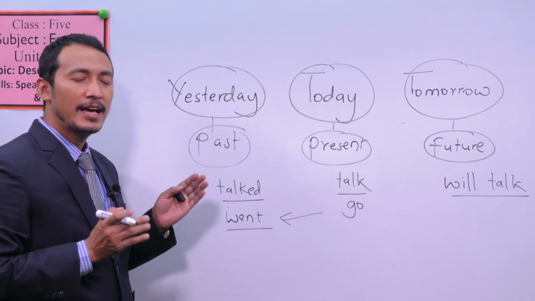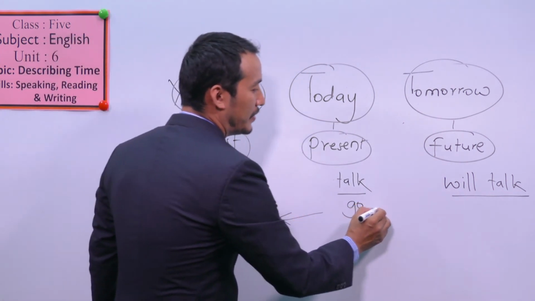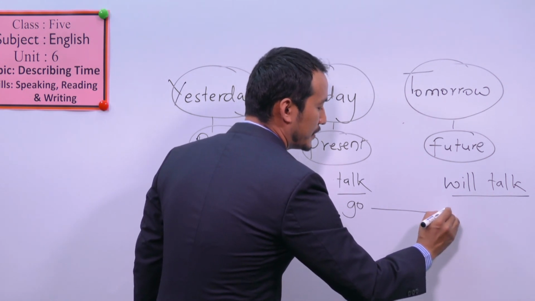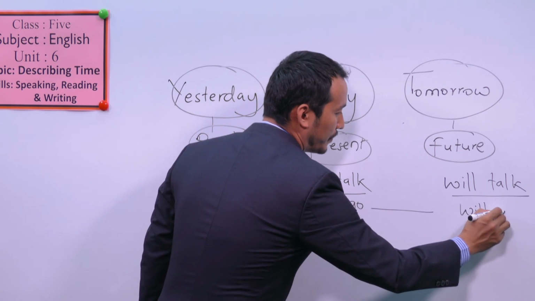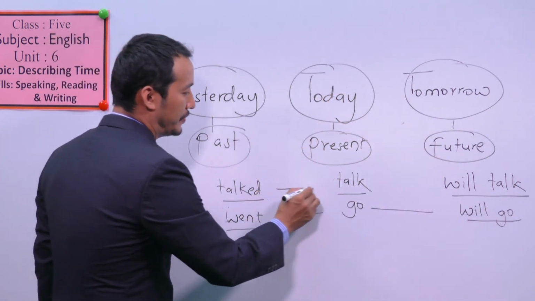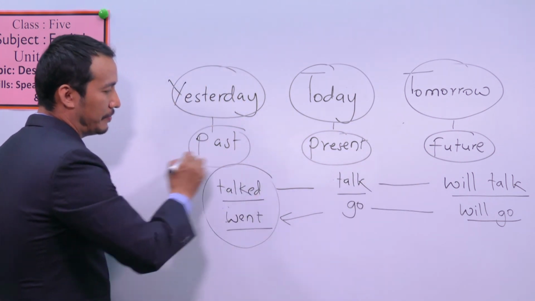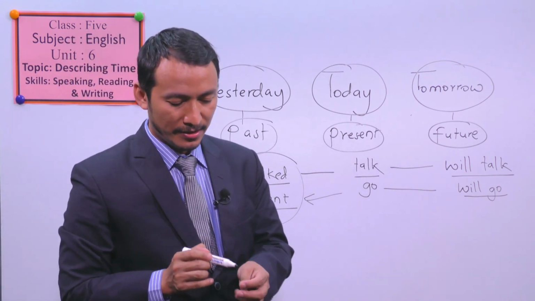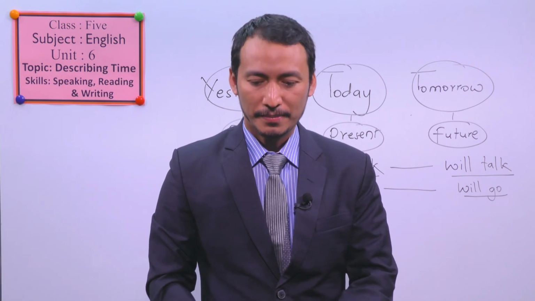You have to say yesterday I went. All right, students? And when you are talking about tomorrow, you cannot say tomorrow I go. You have to say tomorrow I will go. So this is how we use different time. Yes, we are today focusing mainly on past verbs. So let's continue what we are going to practice.